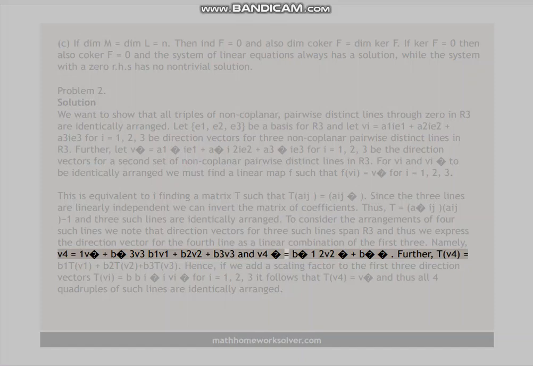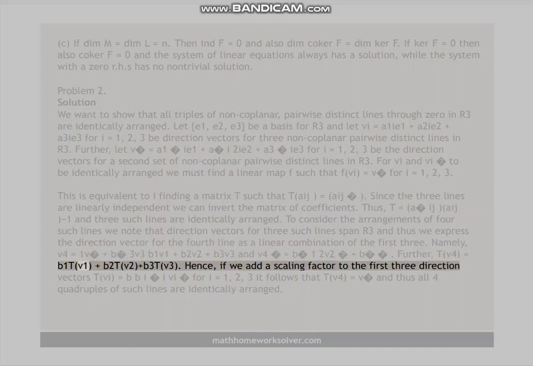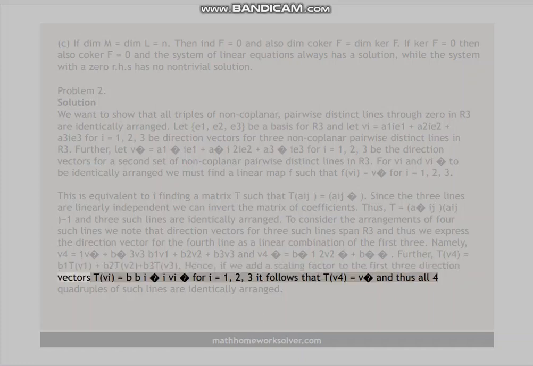Further, T v4 equals b1 T v1 plus b2 T v2 plus b3 T v3. Hence, if we add a scaling factor to the first 3 direction vectors, T vi equals bi wi for i equals 1, 2, 3, it follows that T v4 equals w4, and thus all quadruples of such lines are identically arranged.